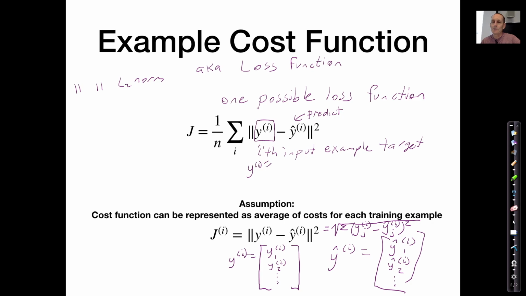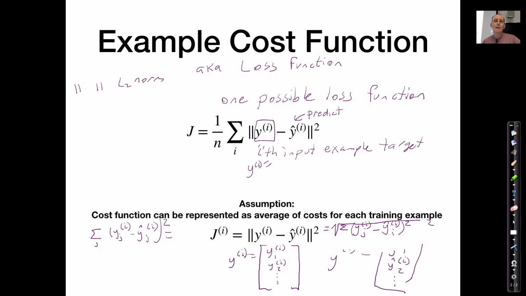Let me erase some of this to make it easier to read. And then we square that again. So basically, what this is equal to is just the sum of the squared differences.